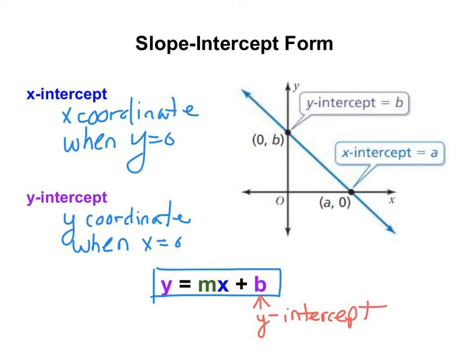Now, we have x and we have y. What is m? Well, m represents the slope. So now you understand where slope-intercept form comes from. The slope and the y-intercept make up this type of linear equation.